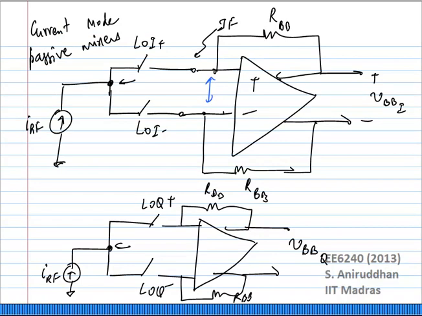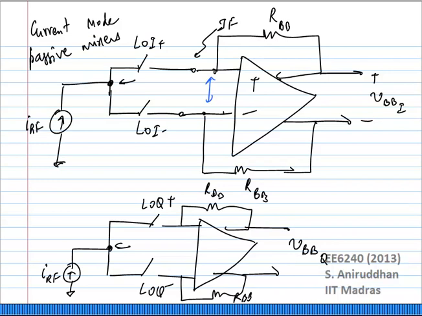And finally, we also looked at current mode passive mixers, where the input is an RF current instead of an RF voltage, and the output now needs to be sent through some kind of baseband impedance to be converted to an IF or a baseband voltage.